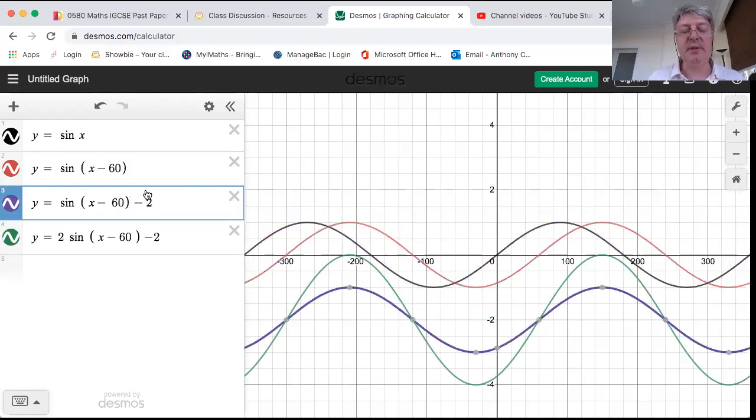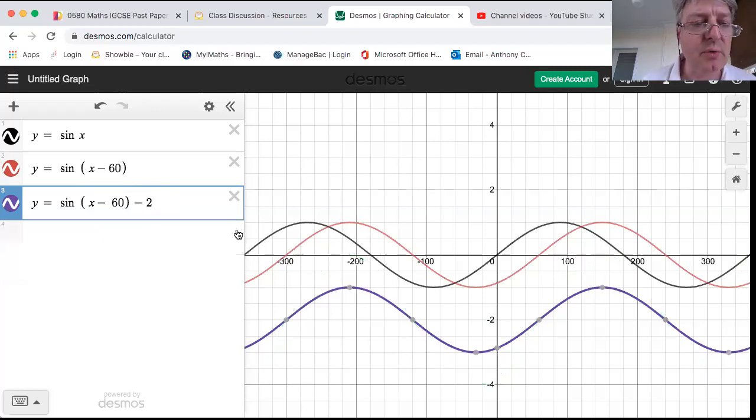It still amounts to the same graph. I just swapped the order of the two. So this is a translation in the x direction, and this was the translation in the y direction. And I finished off with this value afterwards. So we're not going to get too much into that, but some of the questions you'll be asked to do will involve that. So you just have to be a bit careful.